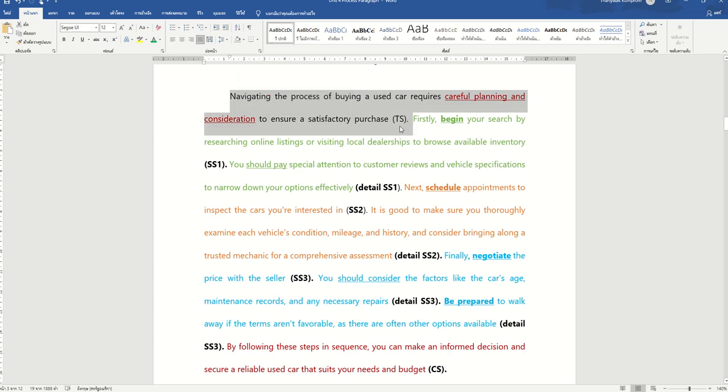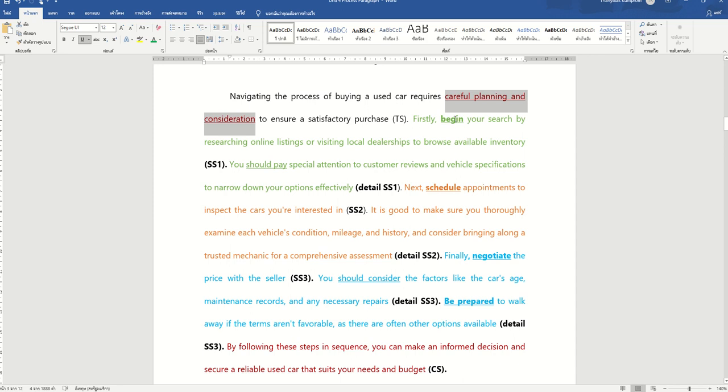With a topic sentence. TS is topic sentence, and the topic sentence includes the controlling idea, isn't it? Here I underline this part. Controlling idea means what you are going to write in the paragraph, in the following content.